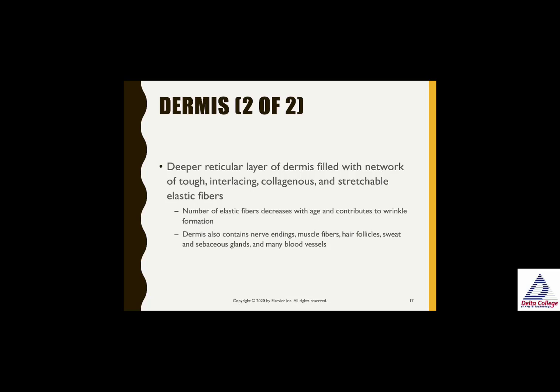The dermis also contains nerve endings, muscle fibers, hair follicles, sweat and sebaceous glands, and many blood vessels. So again, it contains fat, blood vessels, nerve endings, muscle fibers, hair follicles. So it really involves a lot of stuff in this dermis.